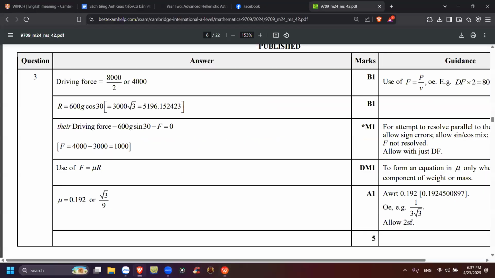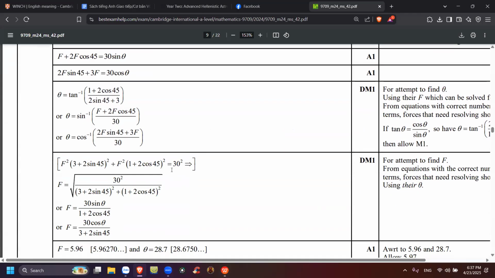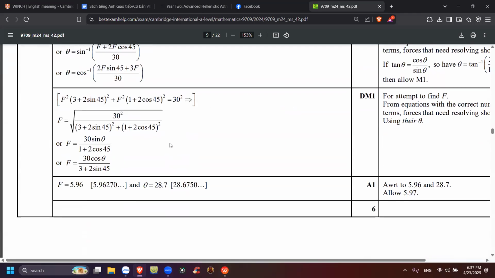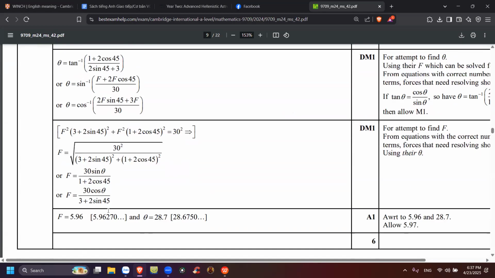They say that theta is 28.7, around that. And F is 5.96. You got the same thing? I got 29.